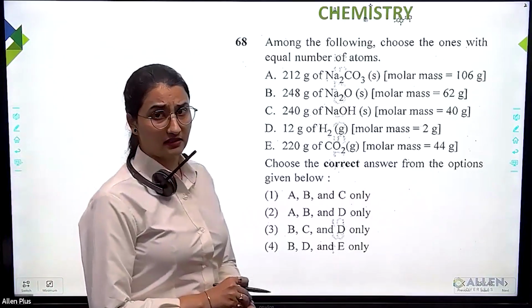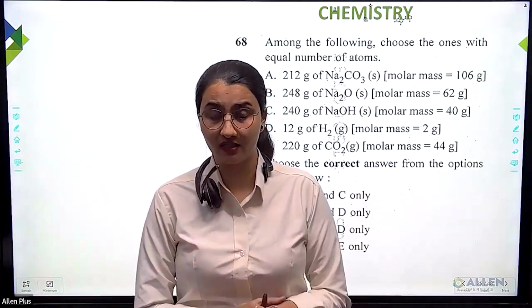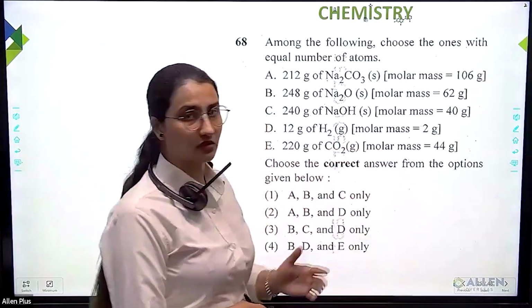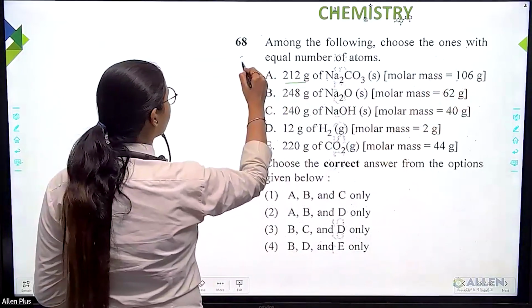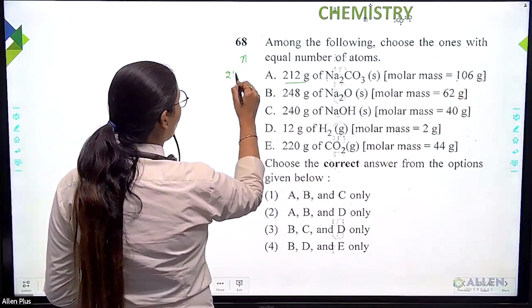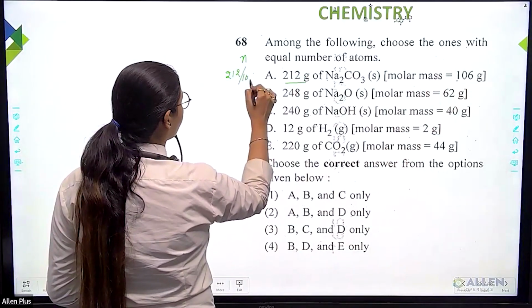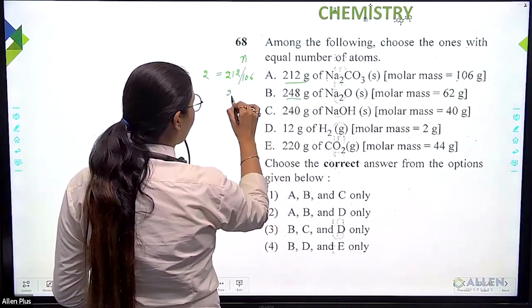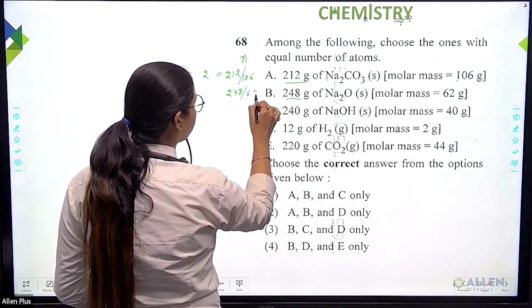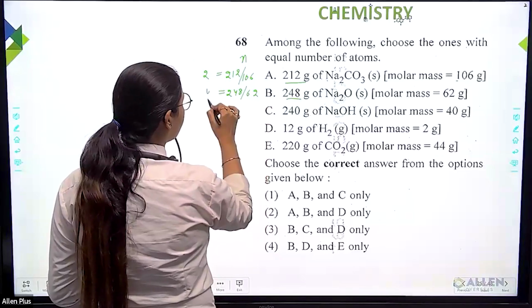Next, it's from the mole concept, which we are generally scared of, but a very easy question. Students, mass is given. First, I'll find moles. How do I find moles? 212 by 106. It's 2 moles. Next, 248 by 62. 4 moles.